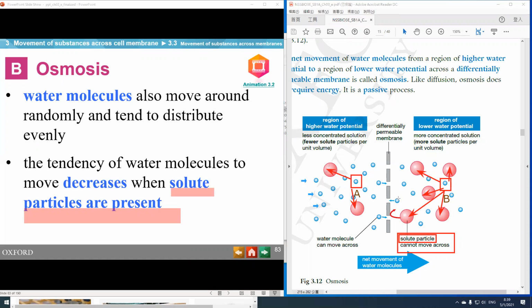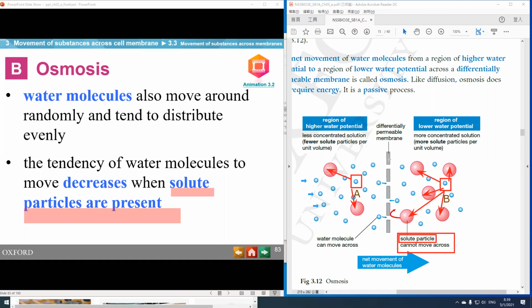Okay? So supposedly blue water molecule B wants to stay. Water molecule A also wants to stay, but water molecule A has less power to stay here, because it's attracted towards the right hand side.